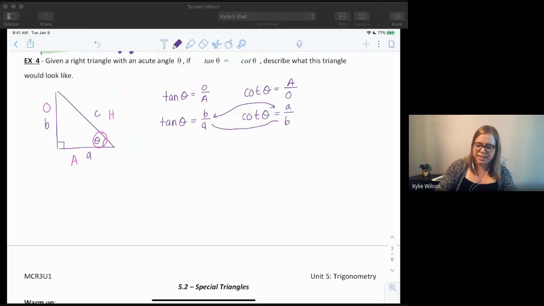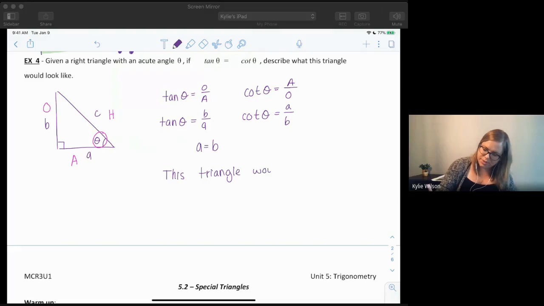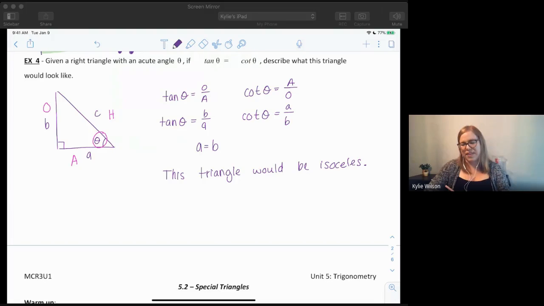So basically, for this to happen, A has to equal B. It's the only possible option. So if A and B are the same values, I could say this triangle would be isosceles. Now I need to try to spell that. Isosceles. There we go. Any questions about that so far?